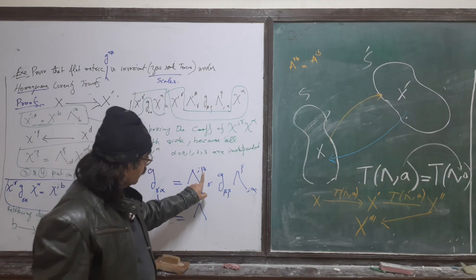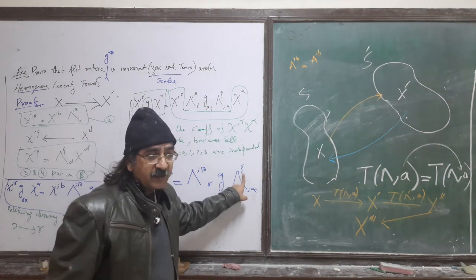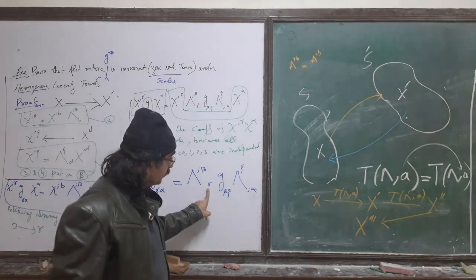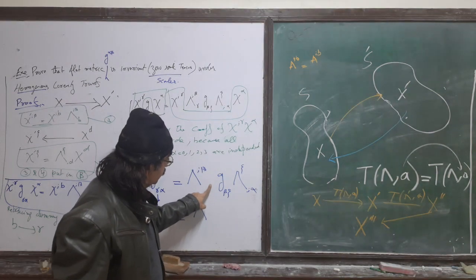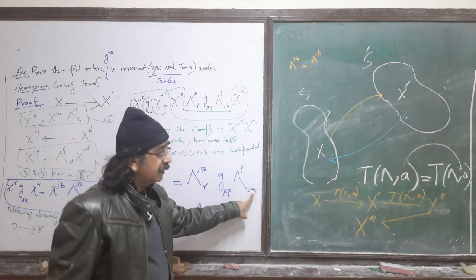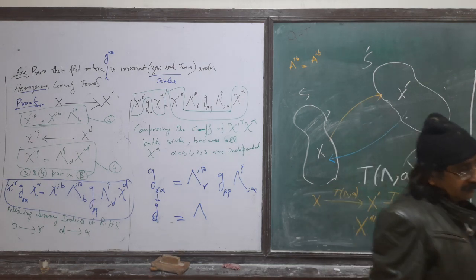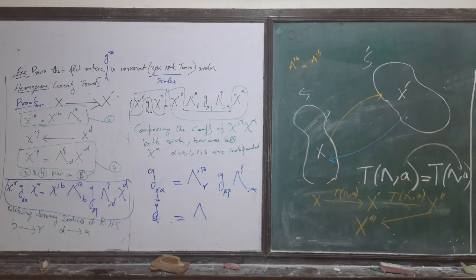But here superscript is column, here superscript is row. Here subscript is row, here subscript is column. So if one is gamma matrix, then the other will be its transpose.